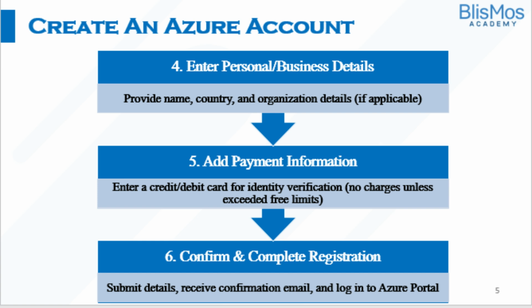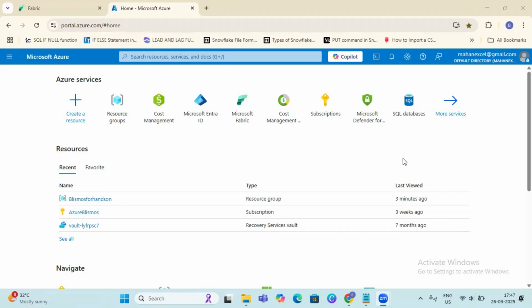So let us log into it and create a user ID so that we can also create a free trial for our Fabric. First thing, let us create a user using an Azure account. First log into your Azure account, as I have logged in already.